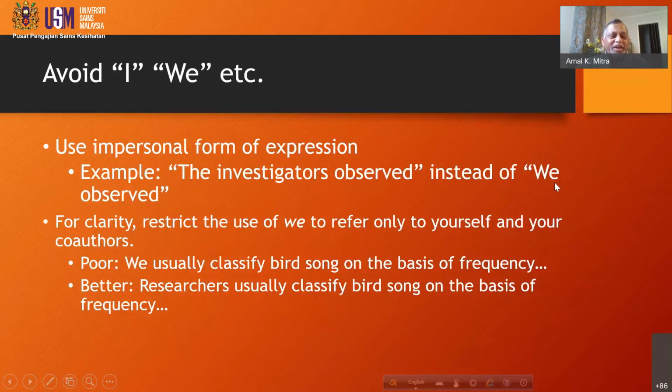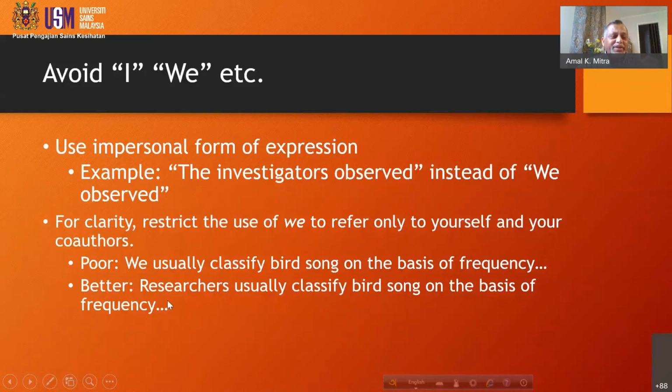Okay, sometimes we cannot find out who this we is. Is it yourself, your co-authors, or what? So when we say we usually classify bird song on the basis of frequency, we do not know who this we is, you or the previous investigator or scientist or who.